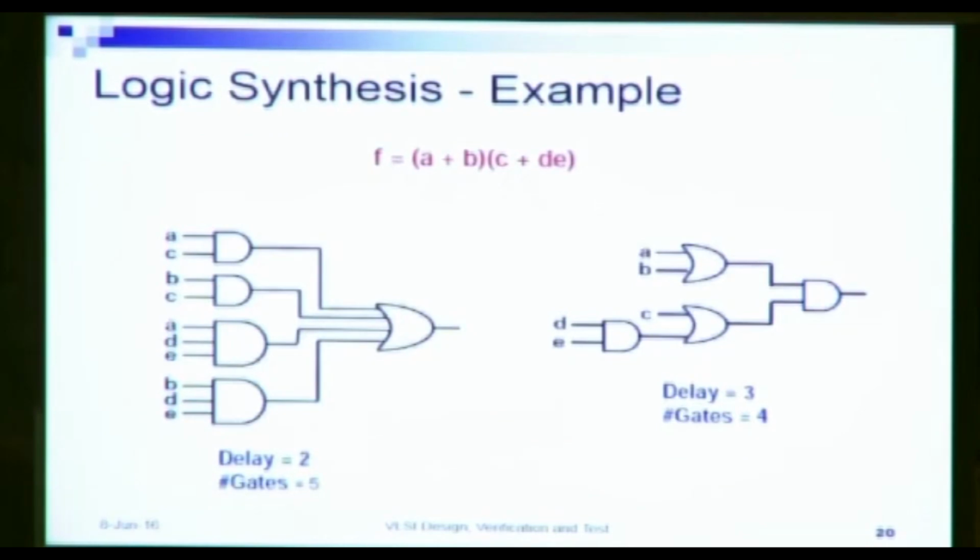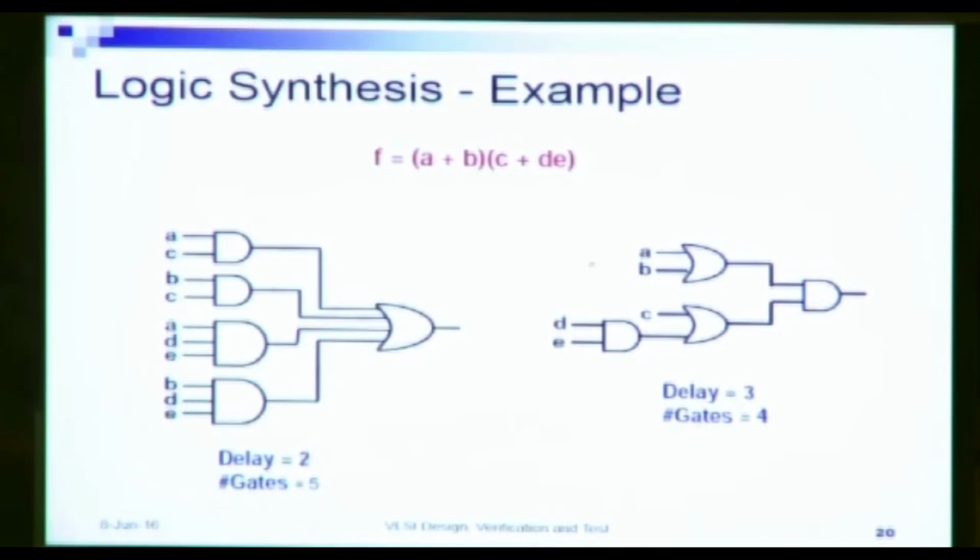So here is an example. Let us say we want to implement the following Boolean equation: (a + b)(c + de). We have two different implementations of the same Boolean equation that we have as input.